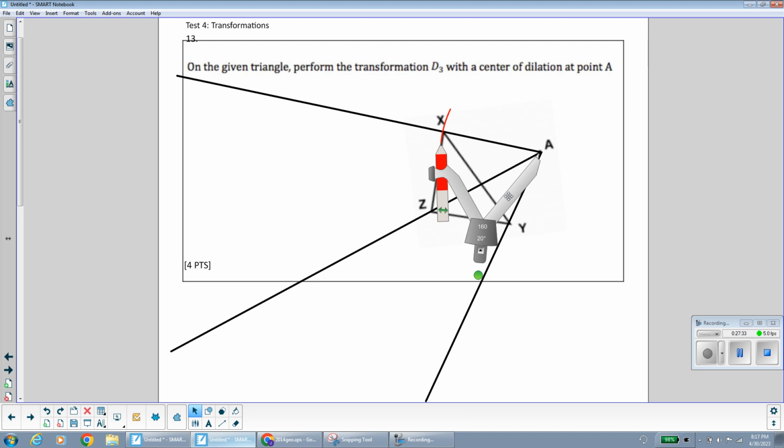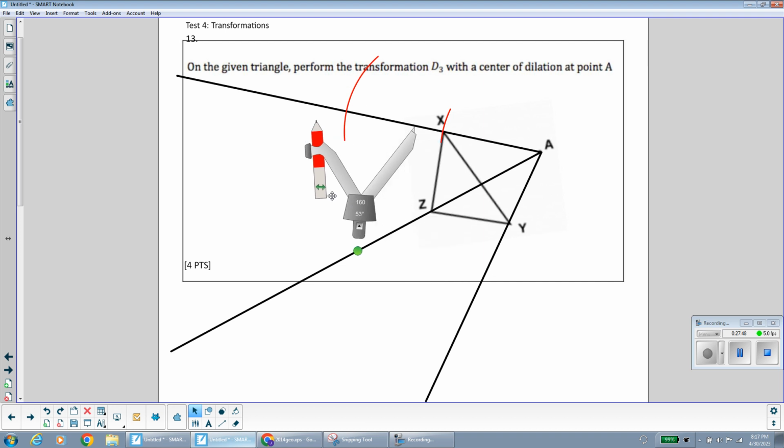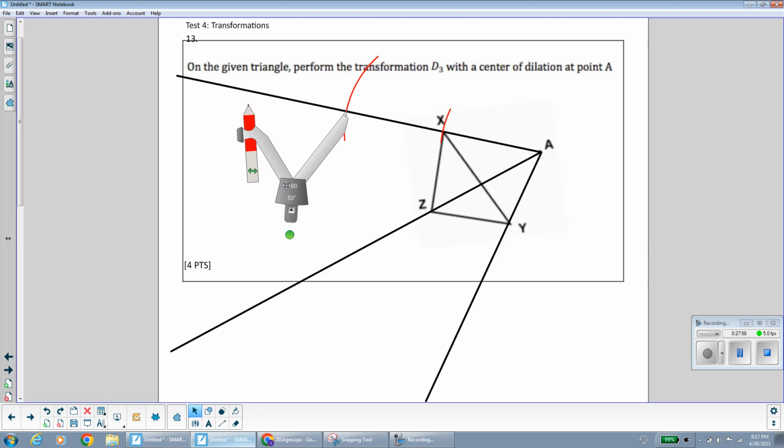But if you actually measured, you should put an arc to show that you measured, which is what you're supposed to do. Okay, then I'm going to put it over here. So that is the distance. Now, if I repeat the distance, I'm doubling it. And if I repeat it again, I'm tripling it. And that's what I need. I need 3 times the distance from the center that it currently is.